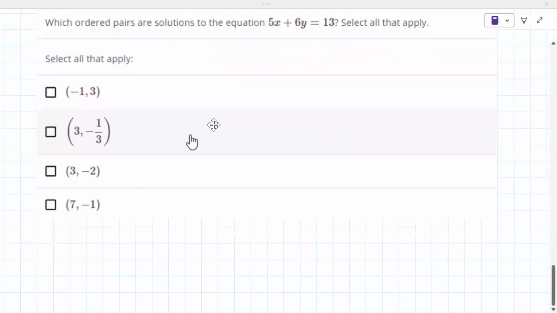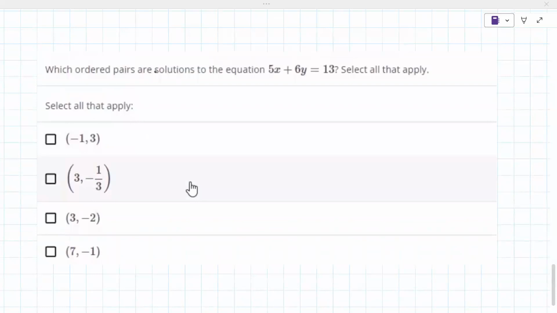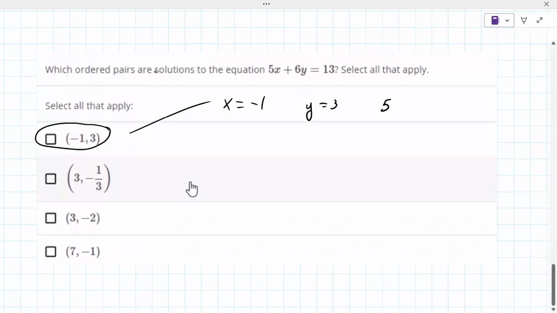So this is like the first problem we did today. You have to take each of these x values and y values and put them in. So the first one is x equals -1, y equals 3. 5 times -1 plus 6 times 3. Would you try simplifying that and tell me if it worked or not?